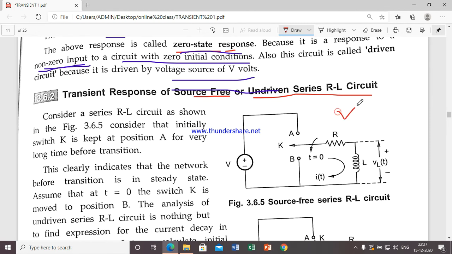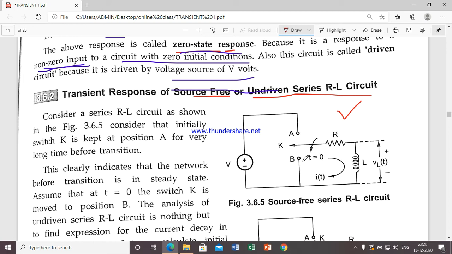In this circuit you can observe that whenever the switch position is at A, the inductor will be charged. Whenever it is moved from A to B, you can say that it is undriven because the source connected to this circuit is moved to position B. So you can call that an undriven circuit, or a source free circuit.